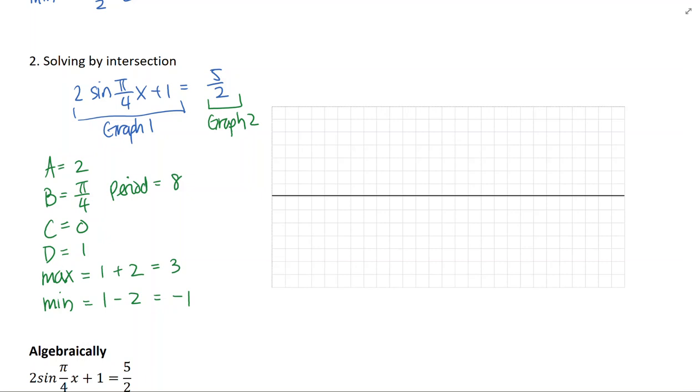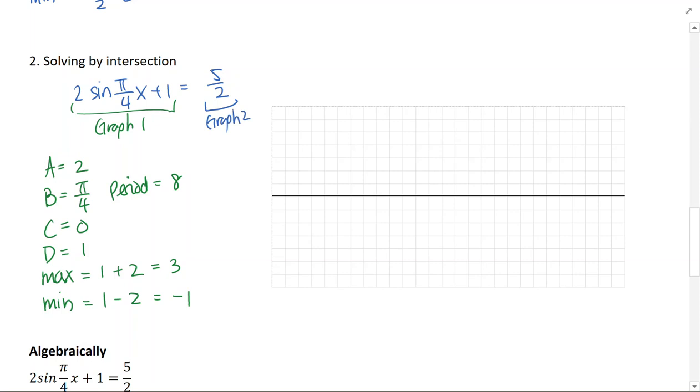Okay, realize there's a color confusion. So I'm just going to do a quick color change, so then it's not going to get confused. I'll graph the left side in green and the right side in blue. Graph 2, okay?